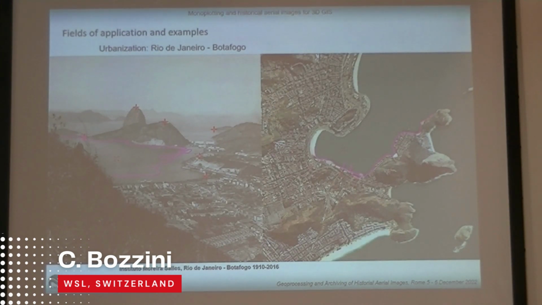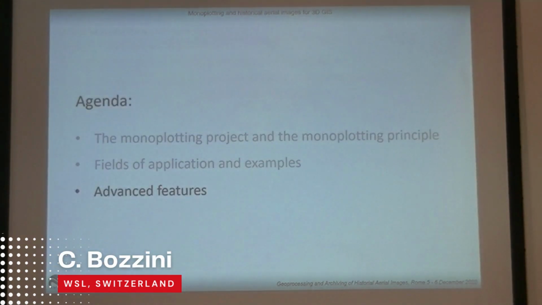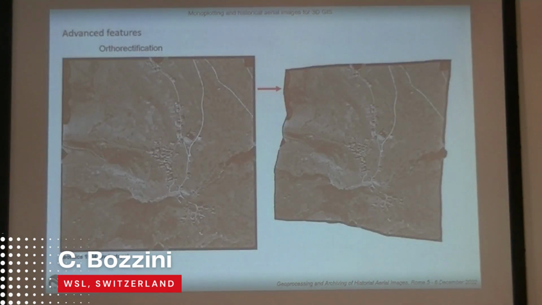I would like to remind you that everything shown is accurate quantitative GIS data, and it's not just a qualitative representation. Now to a couple of advanced features. The first is auto-rectification.